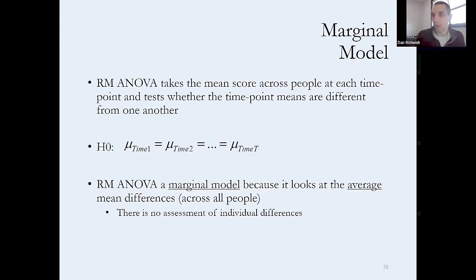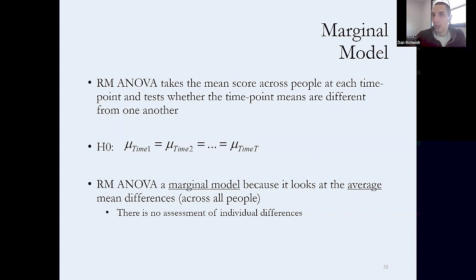In this case, my hypothesis in a repeated measures ANOVA looks very similar to a standard ANOVA, which just says, is the mean at time 1 equal to the mean at time 2, equal to the mean of however many time points you may have? If we go back to the terminology we saw on the first couple slides, this would be qualified as a marginal model.